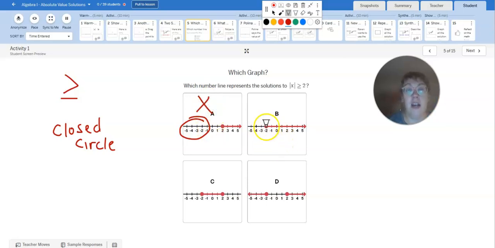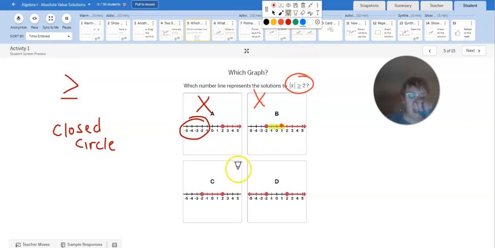B starts at -2, but these values here do not have an absolute value bigger than 2. Like the absolute value of this point is 1, which is not what we're looking for in our criteria. So this is wrong.